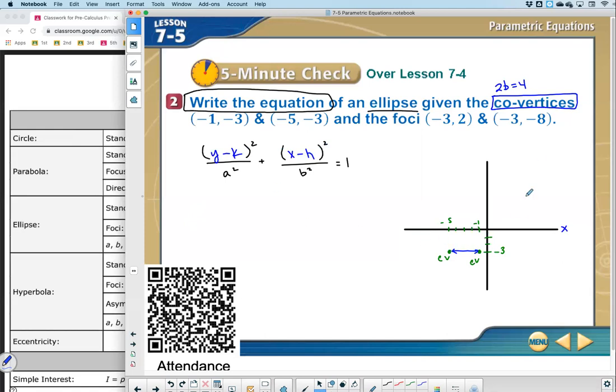Okay, so now let's find the center. If 2b equals 4, to find the center, let's solve for 1b. What does 1b equal? 1b would equal 2, and b squared would have to equal 4. I'm going to go back to that 1b in a second. If 1b equals 2, that means the center is 2 units away. So I'm going to go to the middle.